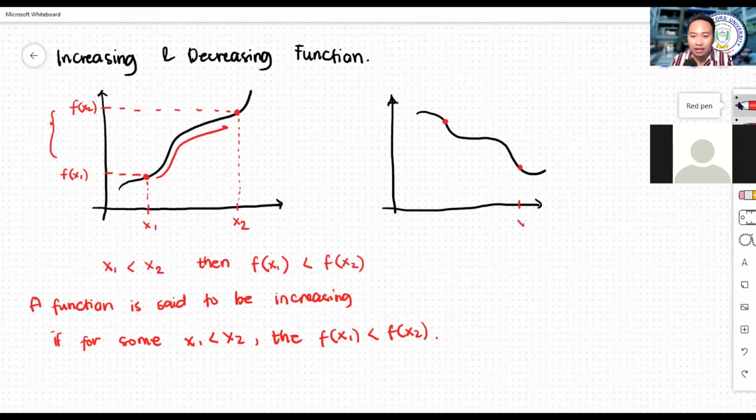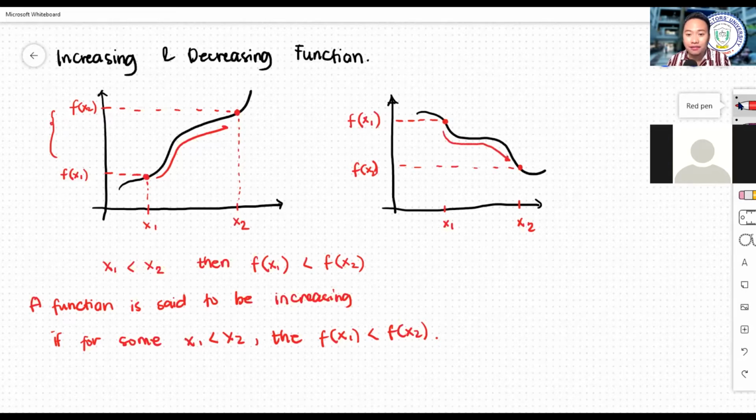So this is going to be x sub 2 here, and this is x sub 1 here. It follows that the corresponding function value for x sub 1 is f of x sub 1, and the corresponding function value of x sub 2 is f of x sub 2. So compare these two things, guys. Again, this is a decreasing function. It goes down to the right.